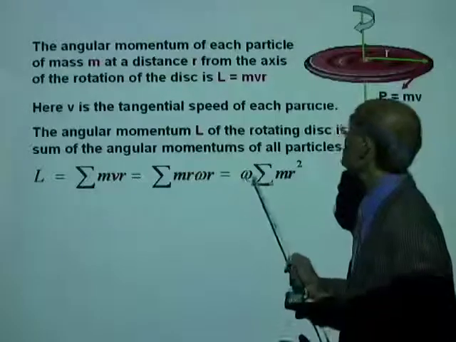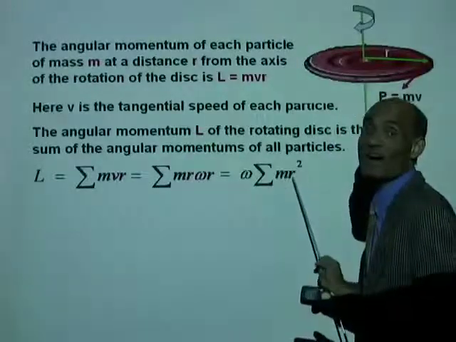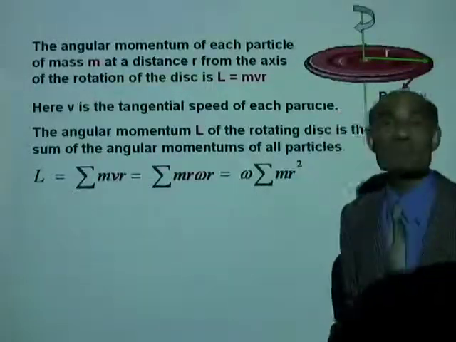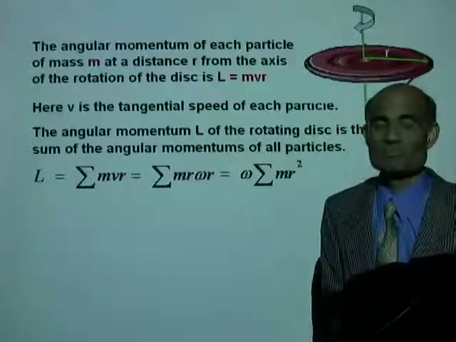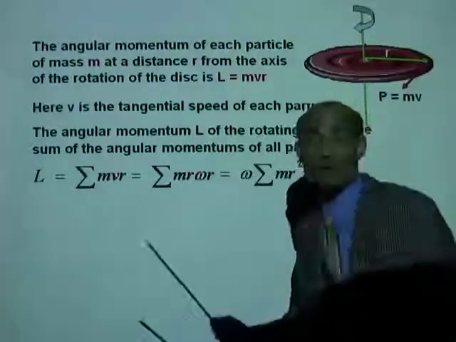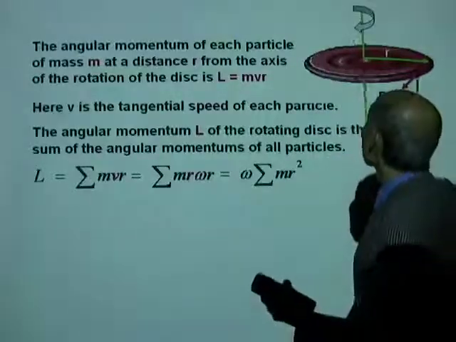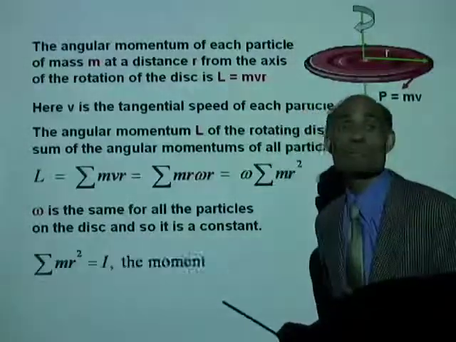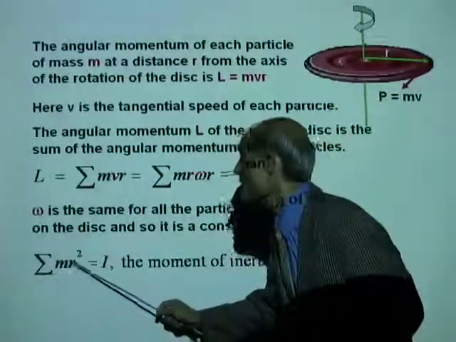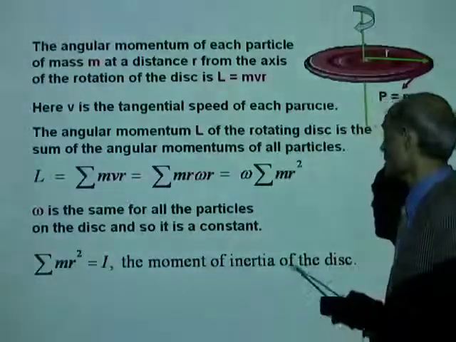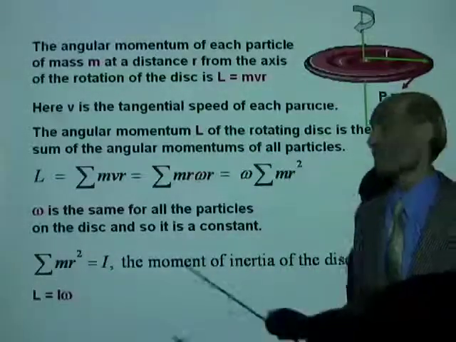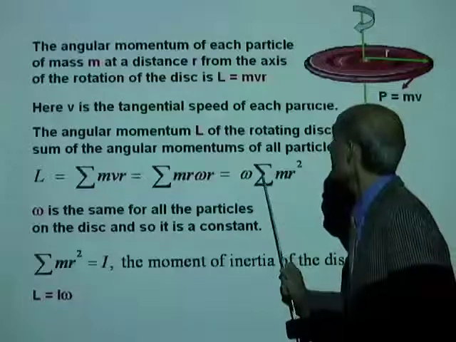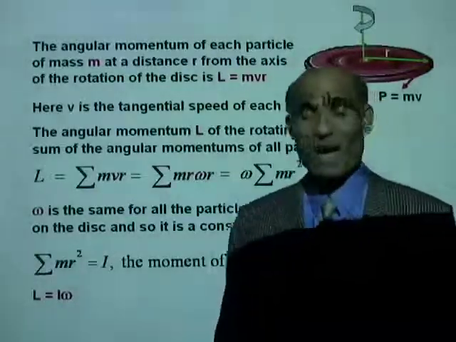That is equal to omega times summation mr squared. Well, now tell me, what does summation mr squared give you? Summation mr squared is the moment of inertia of that disk. So summation mr squared equal to I, the moment of inertia of the disk. Therefore L equal to I omega.